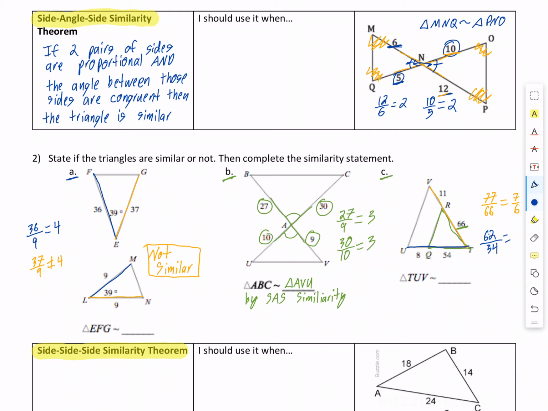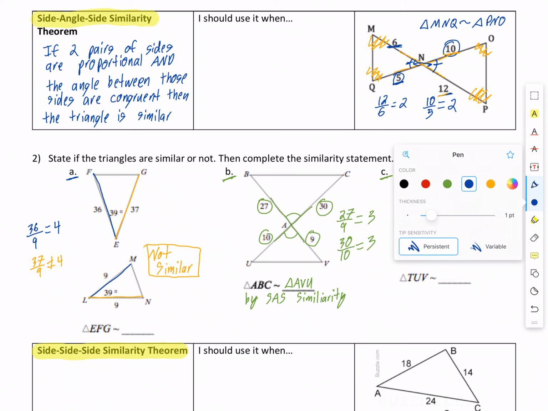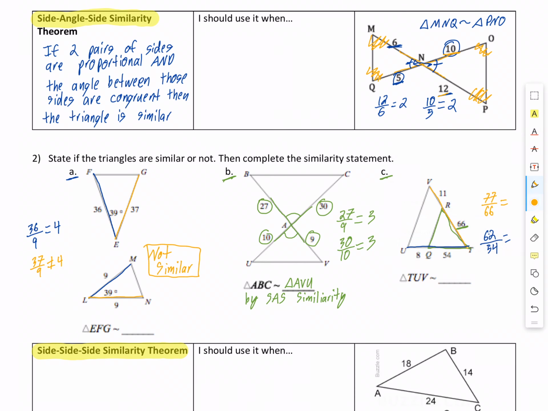So 77 divided by 66. Let's erase that. So that would give us 1.16.